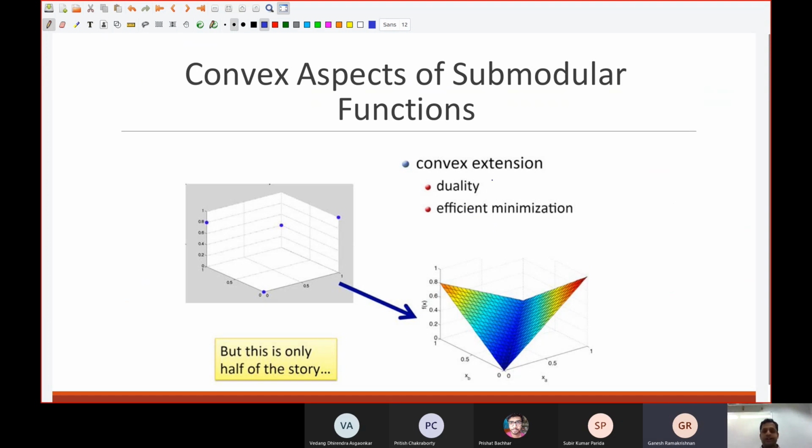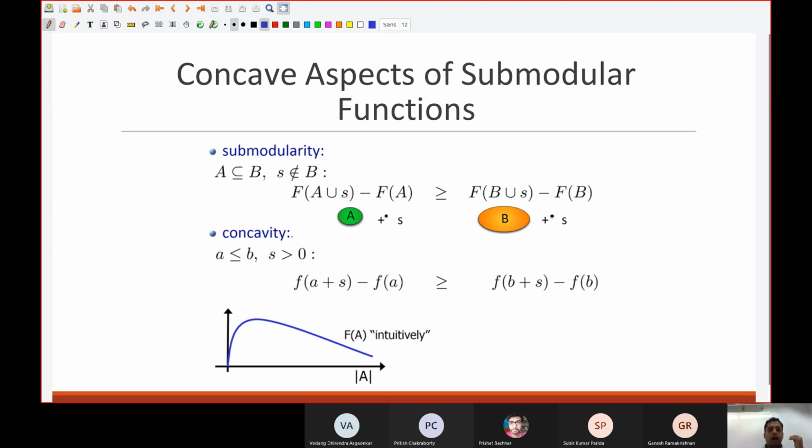You can come up with the Lovász extension, and actually other extensions as well, which are convex relaxations. And there are very efficient solvers for submodular minimization. However, from a concavity perspective, we have always found that submodularity behaves very much like concave functions because of diminishing returns.